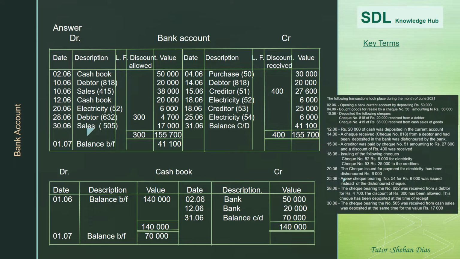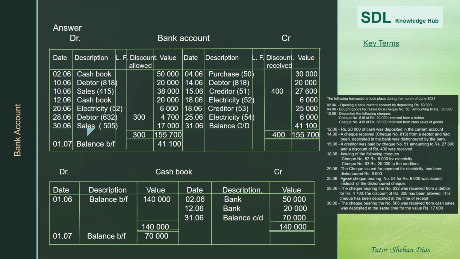Then on the 10th, deposit the following checks. Check number 818 for 20,000 received from debtor. Check number 415 for rupees 38,000 received from cash sales. So the balance in the bank account will increase.